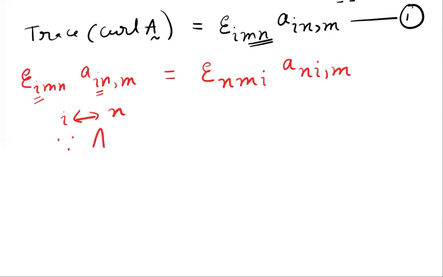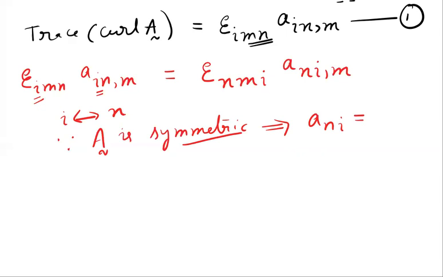Now, since A is symmetric, what is the meaning of symmetric? A_ni and A_in are components of A, and they have given A is symmetric. That means if I interchange n and i, A_ni is equal to A_in.